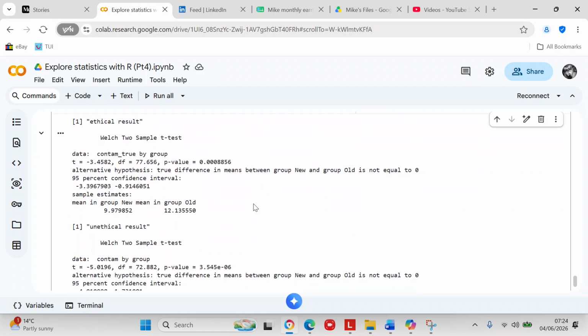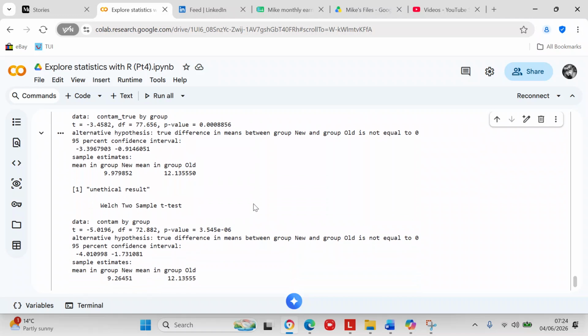Now we're going to have the unethical result. So you've got your T is negative 5.0196. Degrees of freedom is 72.882.